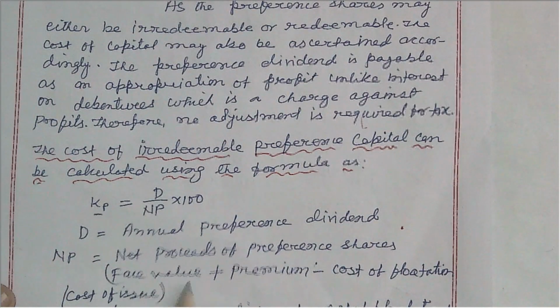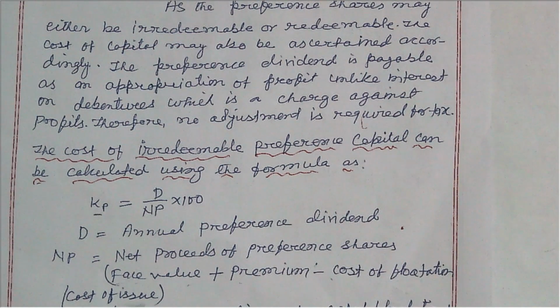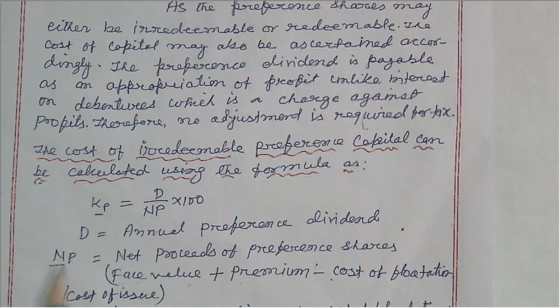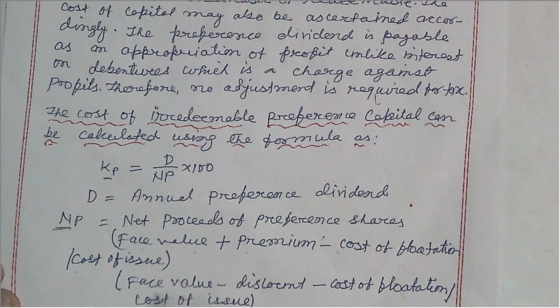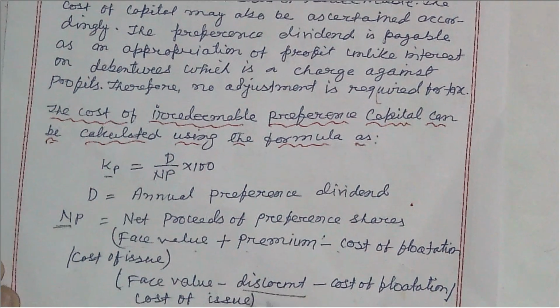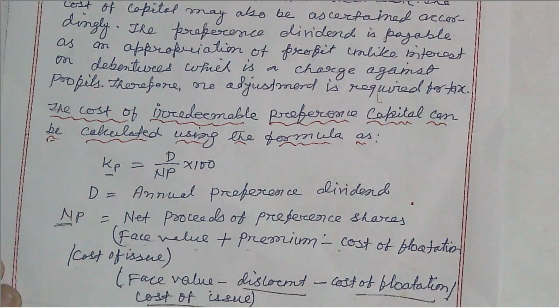Net proceeds are face value plus premium minus cost of flotation or cost of issue. Or if the shares are issued at a discount, then face value minus the discount amount and cost of flotation or cost of issue.